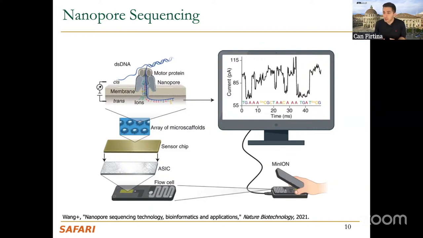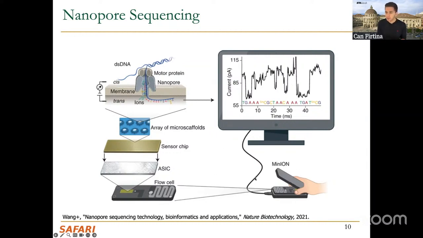This is simply because each physical structure in these sequencers that can sequence a single DNA is so tiny that they can fit in a very compact form. And then there are, of course, certain elements here. This is the flow cell. This is a consumable that you buy and then attach to your device, which is a portable device called MinION.